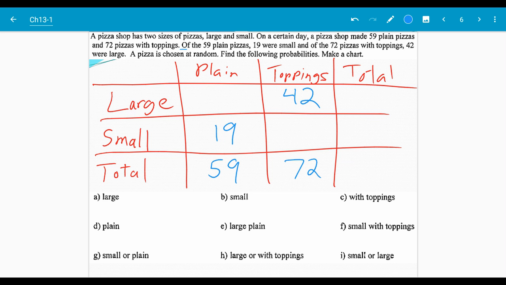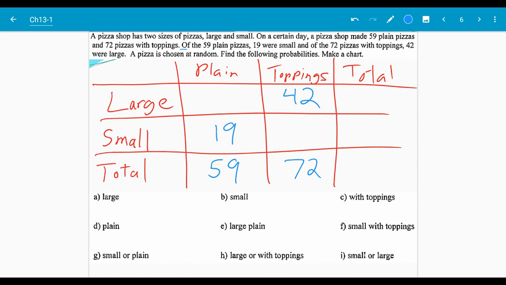A pizza is chosen at random. Find the following probabilities. Now, if we didn't make this chart, we'd have a little bit of trouble. Maybe some of these 9 questions we'd be able to pick and choose some that we could answer. But by finishing this chart and filling in the blanks, we will be able to answer very easily all of these problems. Okay, so let's finish this, right?